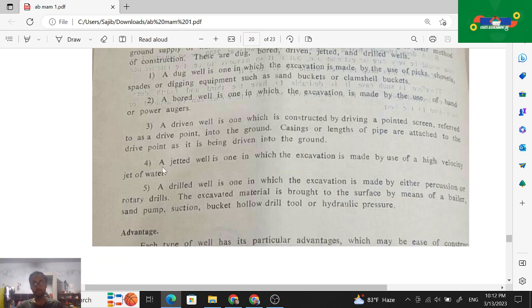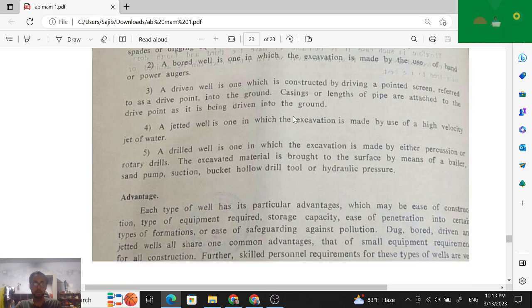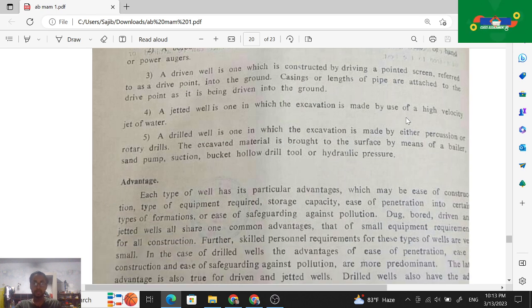Number 3 is the driven well, which is constructed by driving a pointed screen referred to as a drive point into the ground, with casing or length of pipe attached to the drive point as it is being driven into the ground. A jetted well is one in which the excavation is made by use of a high velocity jet of water.